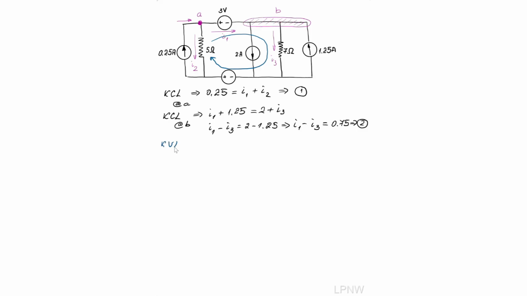Kirchhoff's voltage law at the loop the way I indicated: plus 7 multiplied by I3 minus E minus 5 multiplied by I2 gives 0. A quick check that we did not forget anything. Okay, sorting this out, 7I3 minus 5I2 gives me 5, and let's call that expression number 3.